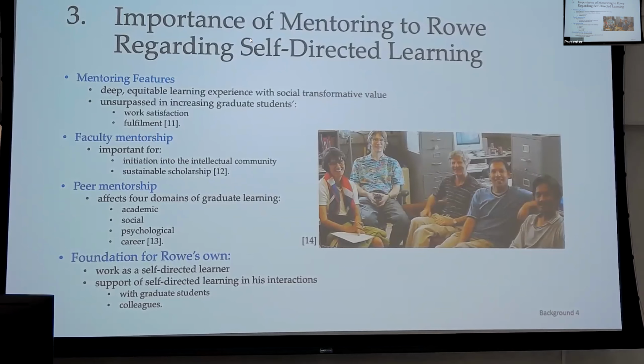Peer mentorship affects 4 domains of graduate learning: academic, social, psychological, and career. Now, the foundations for David's own work as a self-directed learner and the foundation supported self-directed learning in his interactions with graduate students and with colleagues. Oh, and this is a picture from David's research program from the website, and you'll see Juliana and Joe and David and Stephen and Harul.